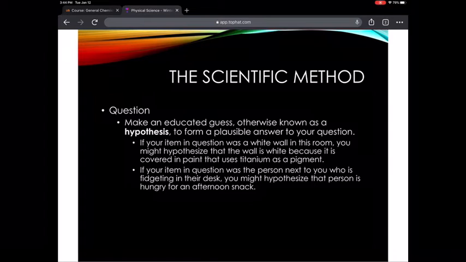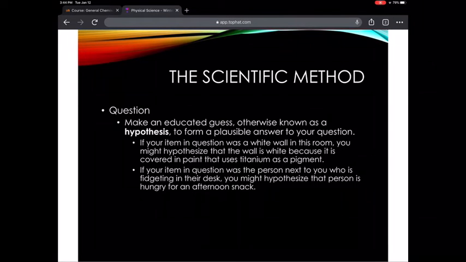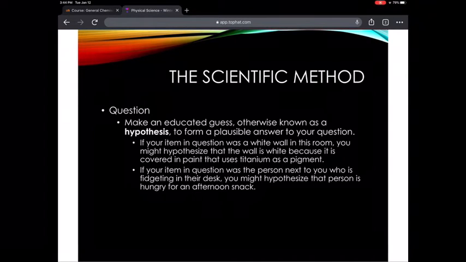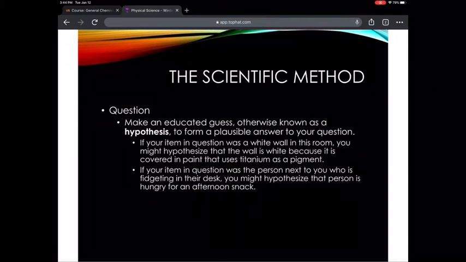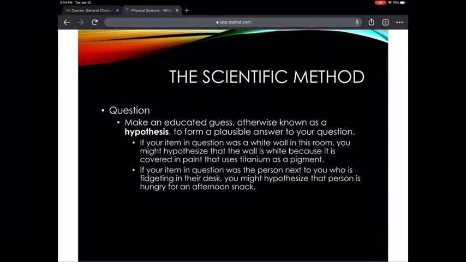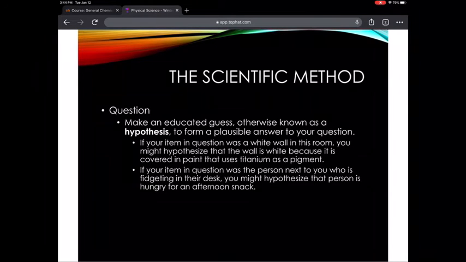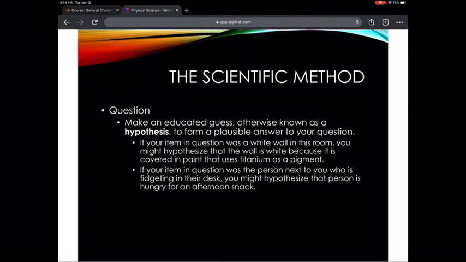So if your item in question was a white wall in the room where you are, you might hypothesize that the wall is white because it is covered in paint that uses titanium as a pigment. Or maybe your hypothesis was a little more simple than that.